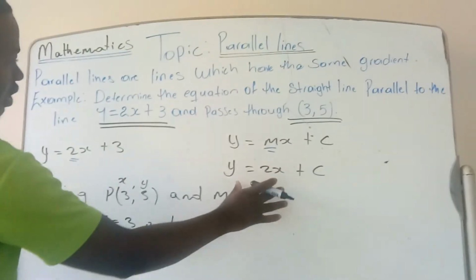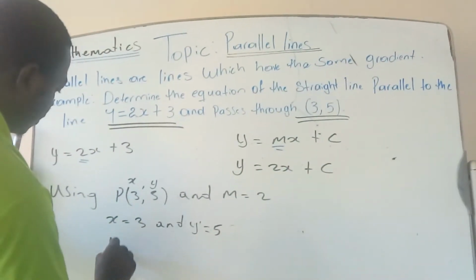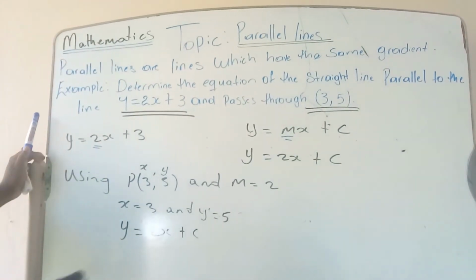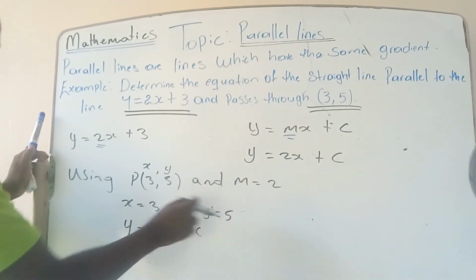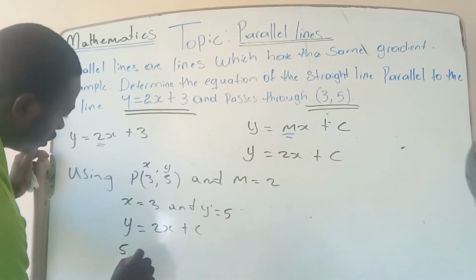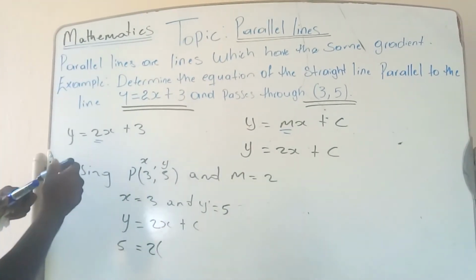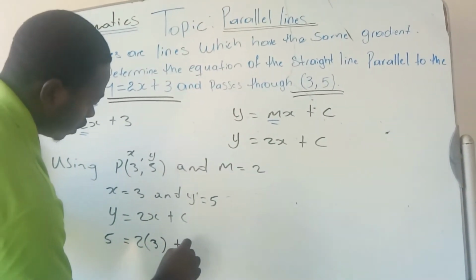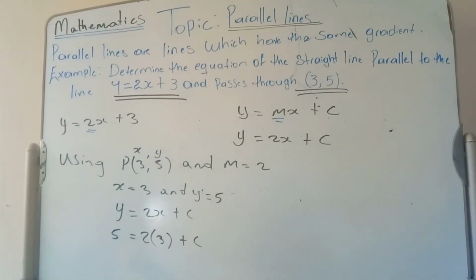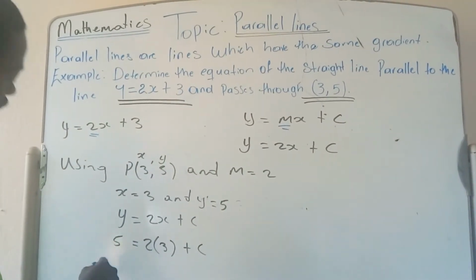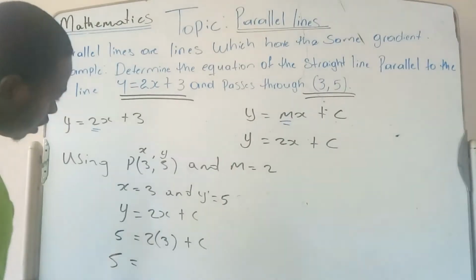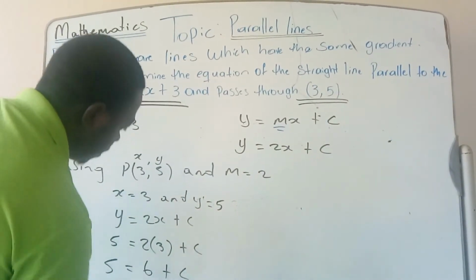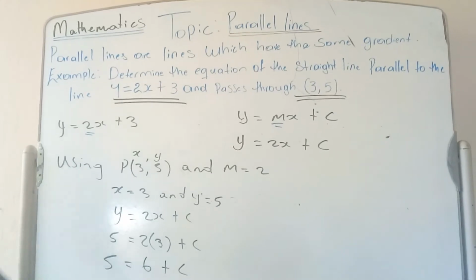Let me just write back this equation: y is equal to 2x plus c. Now we know that y is equal to 5, so this is 5 is equal to 2, open bracket, x, which is 3, plus c. Now the bracket means multiply, so this is 5 is equal to 2 times 3 gives us 6 plus c. Now remember that we are solving for c.